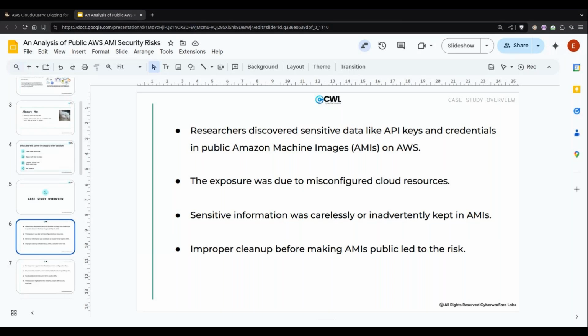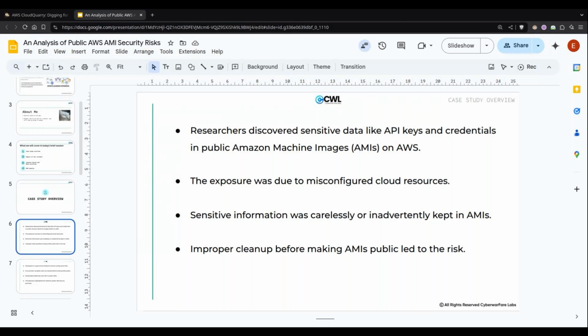They could not go through all 3.1 million Amazon machine images, so they had to narrow it down. Those were just from 27 AWS regions. They gathered around 3.1 million AMIs from 27 AWS regions, and through further research, they narrowed it down to 26,000 images which had potential sensitive information or credentials in them.